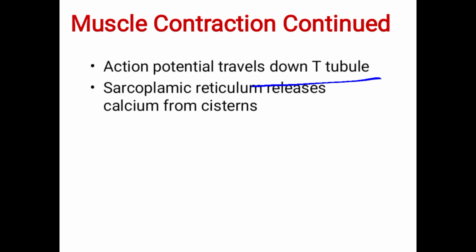At the same time, when the action potential travels through the T tubule, there is a release of calcium ions from the cisternae. The sarcoplasmic reticulum, which usually stores the calcium, releases the calcium ions whenever the action potential reaches it.